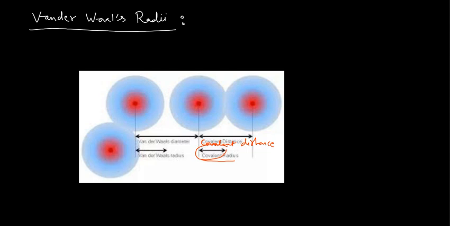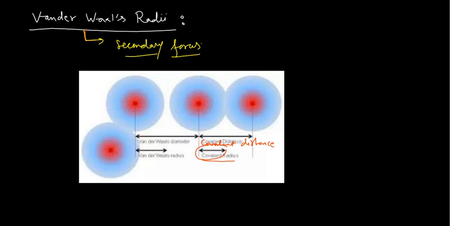Now, to know the concept of van der Waals radii, you should know an important thing. Van der Waals forces are secondary forces. They are not primary bonds. What is the meaning of secondary forces? There is no involvement of electrons in it. They depend on the surface area.